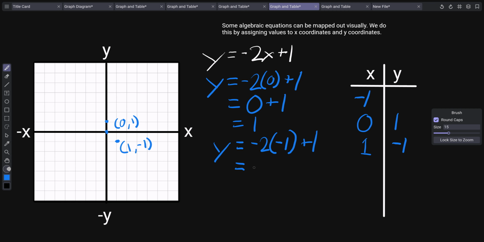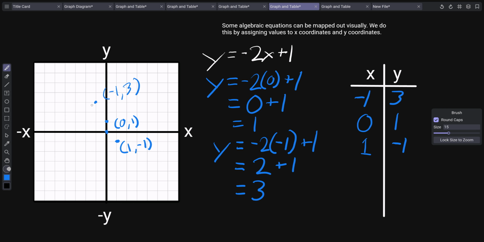This simplifies to positive 2. And then we add 1. And this gives us 3. So we have negative 1 and positive 3. So then we take 1 step to the left, and then we go up 3 points. So 1 step to the left, 1, 2, 3. That's going to fall here. And our ordered pair is negative 1, 3.